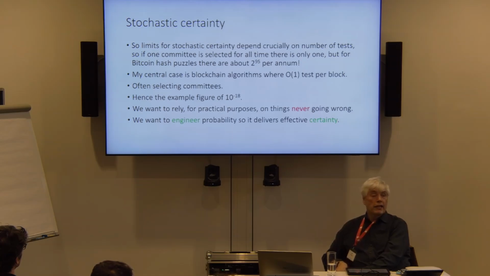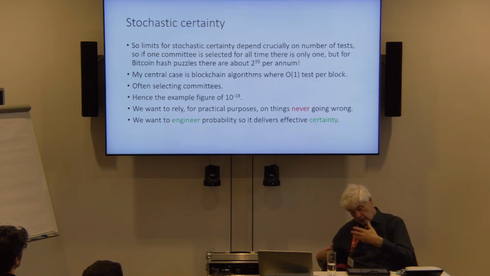And if one committee is selected for all time, there's only ever one selection made, and so perhaps I can then assume that the tolerance is 10 to the minus 9, if that's the maximum chance I'm going to allow over all time. And for Bitcoin hash puzzles, there are about 2 to the power of 95 per annum, which I worked out and found some very interesting analogies for.